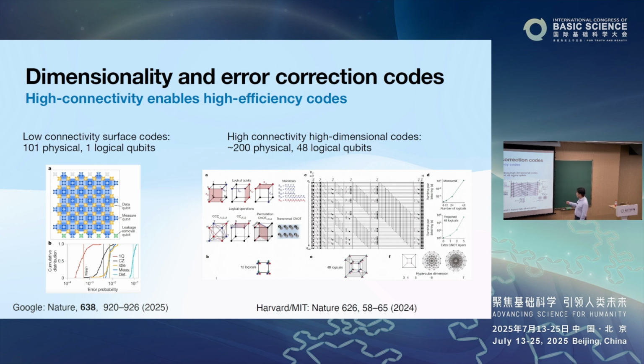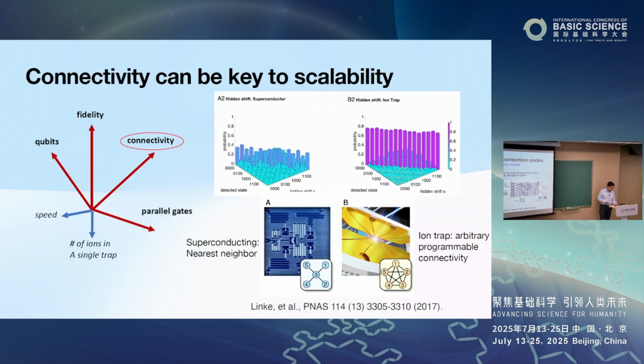Whereas the work from the Harvard MIT group I mentioned before, using high-dimensional codes, in this case up to a 7-dimensional hypercube, can achieve a much higher encoding rate. How is this done?